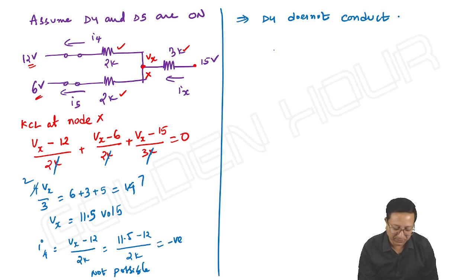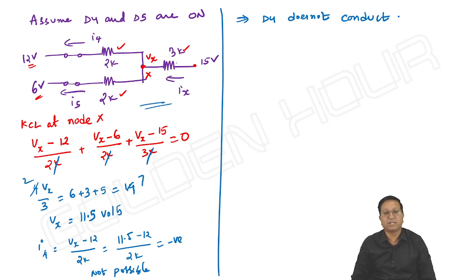So finally, what we can write is the circuit. Our assumption is wrong. Before finding Ix, we should conclude that our assumption is wrong.